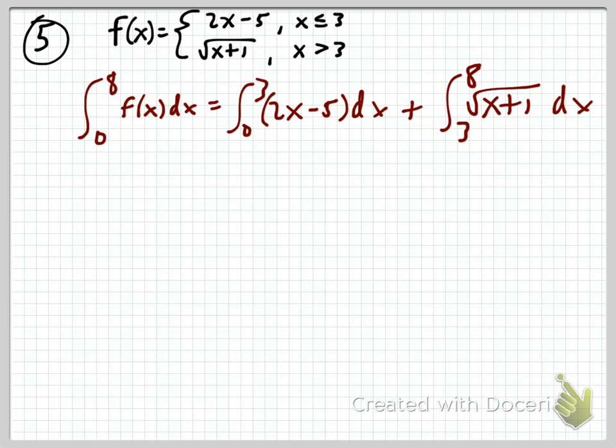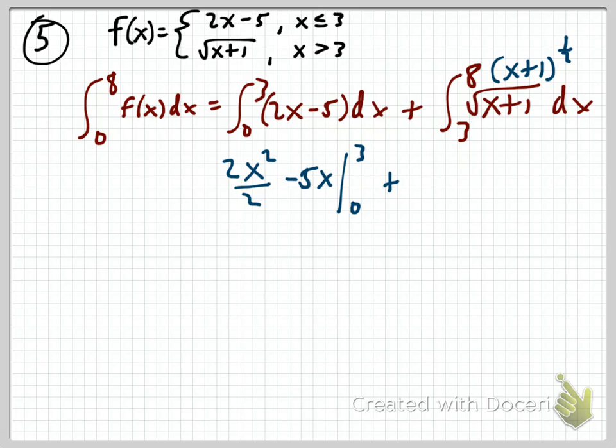Okay, so just have to figure those out. And okay, what a pain. Let's see here. 2x squared over 2 minus 5x evaluated from 0 to 3. And then plus, now that's x plus 1.